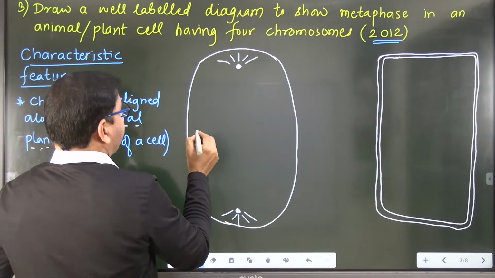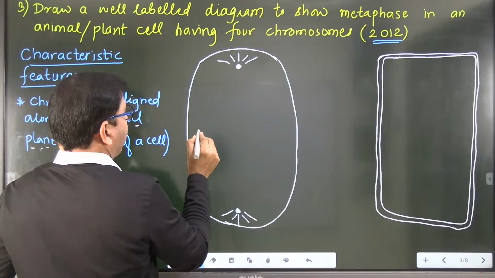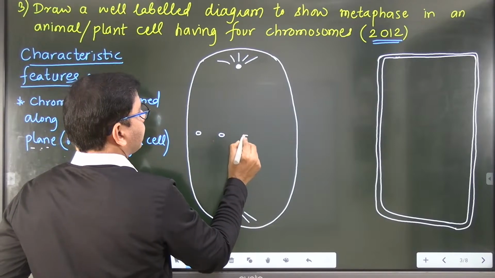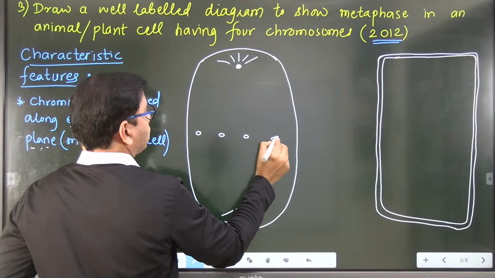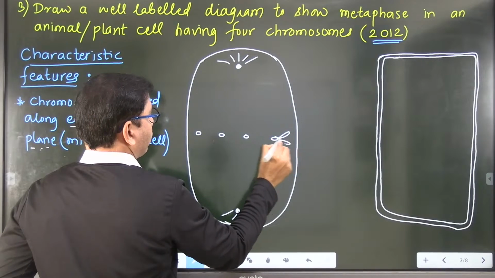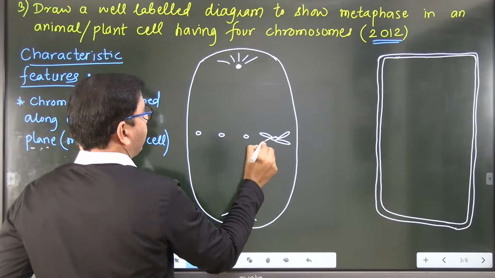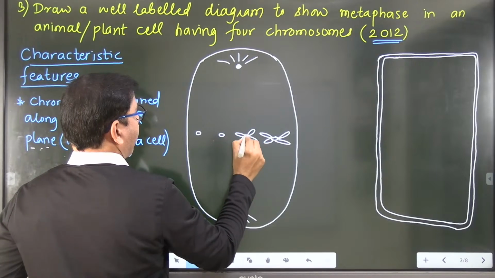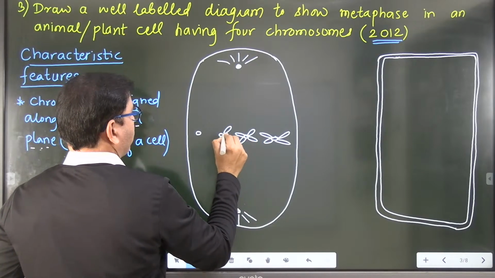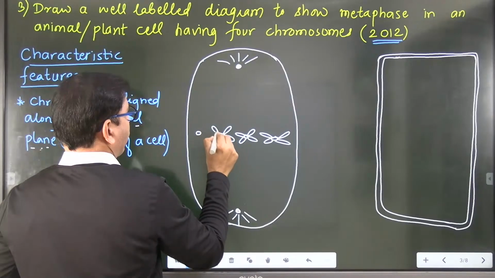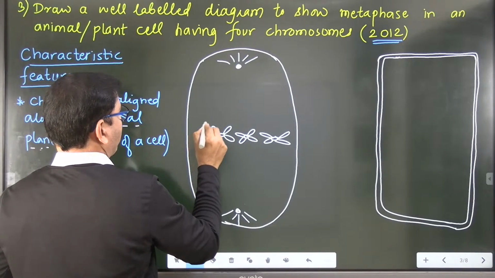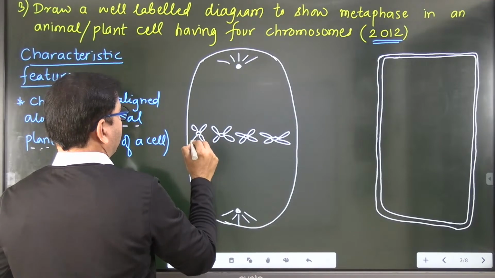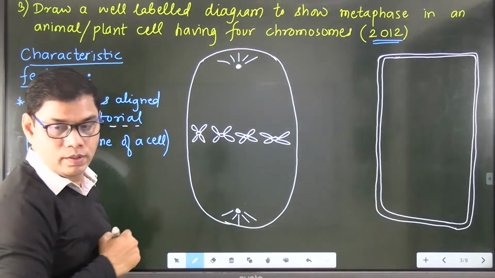We will start drawing a chromosome. Okay, over here 1, 2, third one, and fourth one along the equatorial plate. Correct?